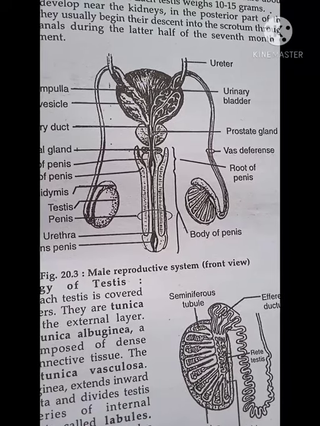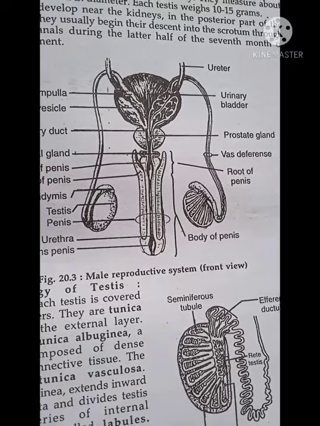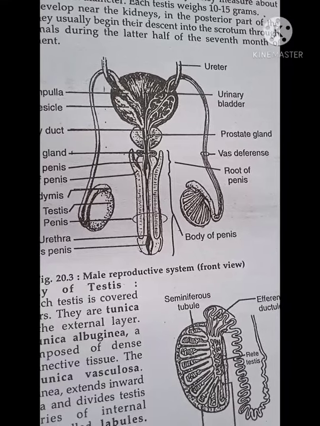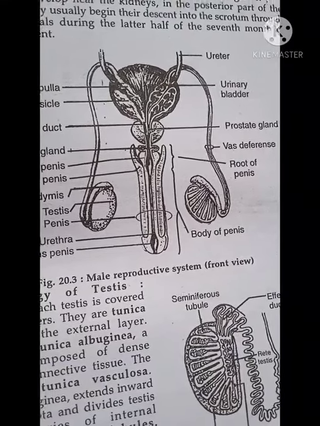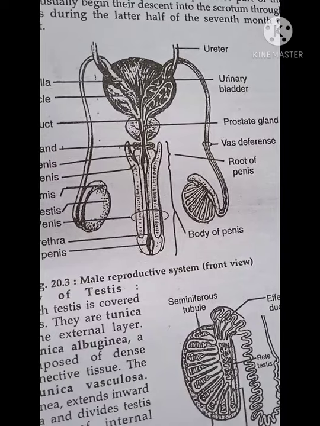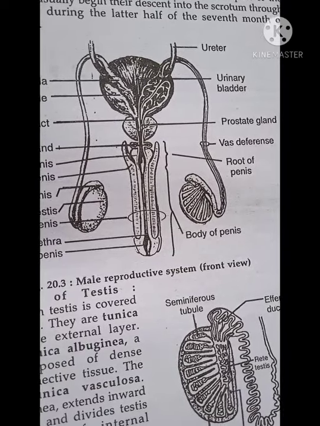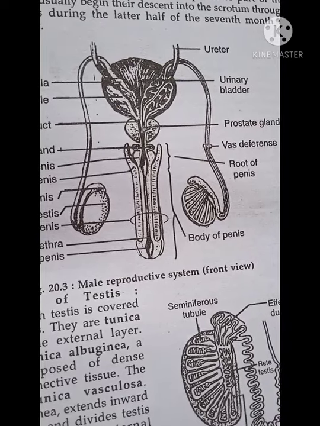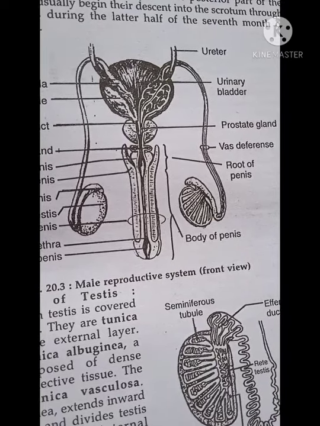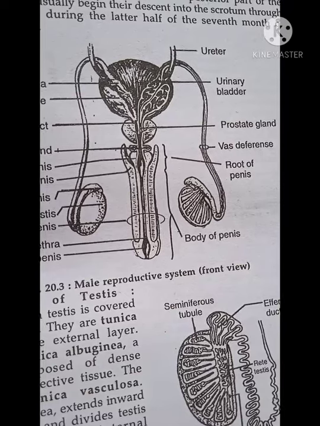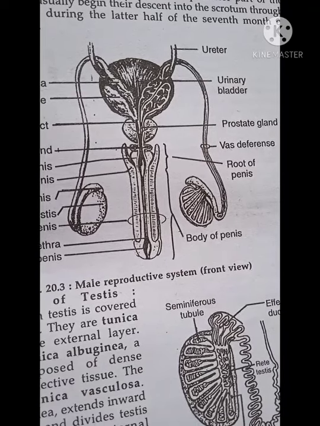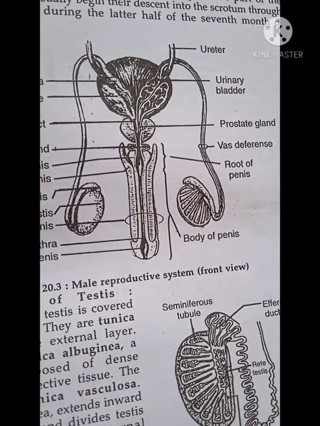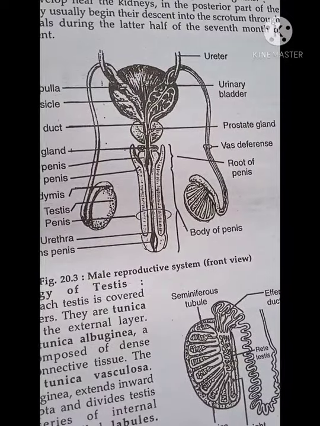It activates sperms to increase the motility and fertility of the sperms and protect the sperms from the acidic secretion of female vagina and add a bulk of semen and liquefies the semen. So this is the main function of the prostate gland.